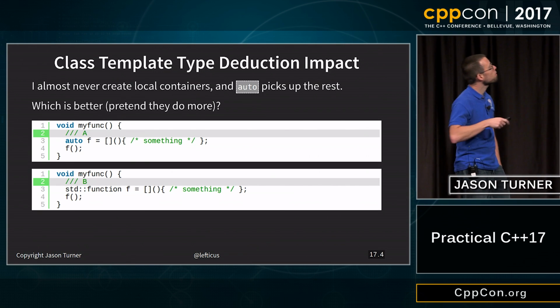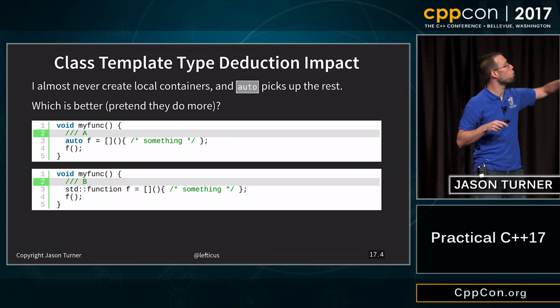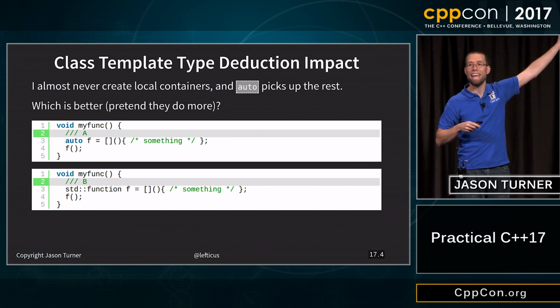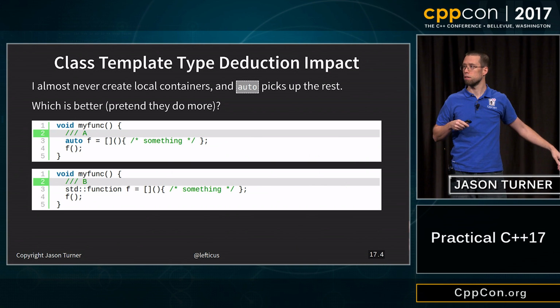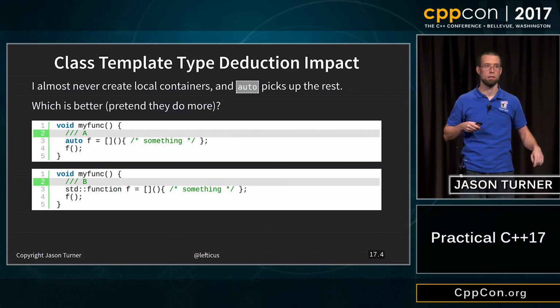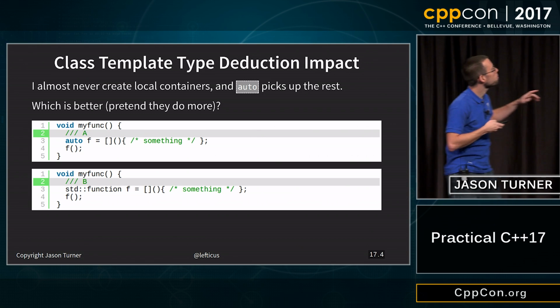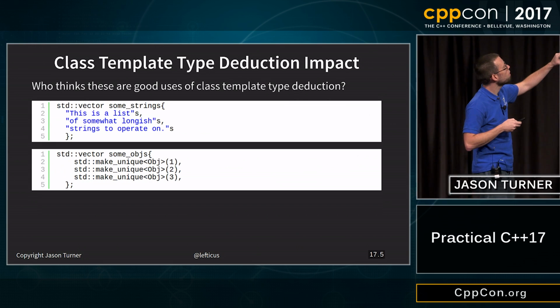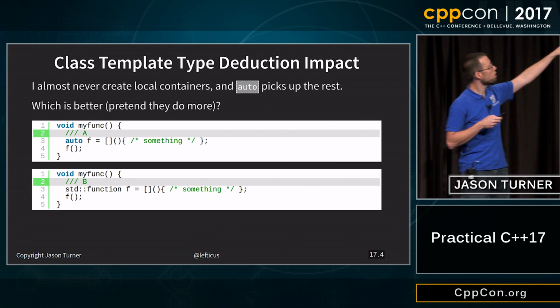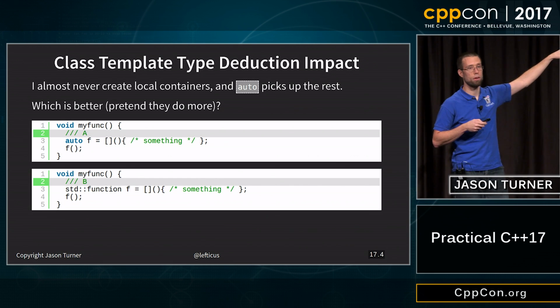Let's just do, okay, so who here would argue that A is better? And who would argue that B is better? And I get some half-hearted hands raised on both sides. B, in this example, is having to instantiate a standard function.